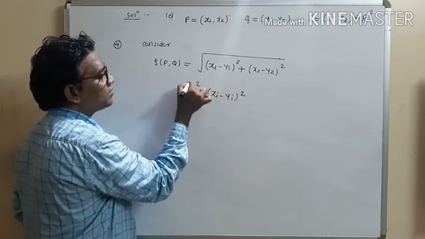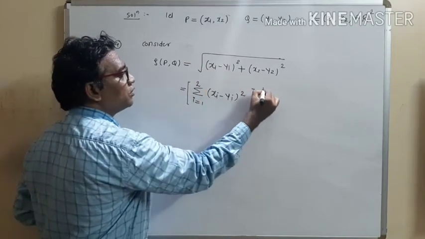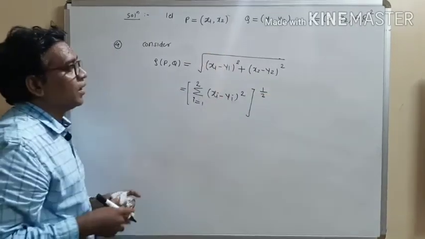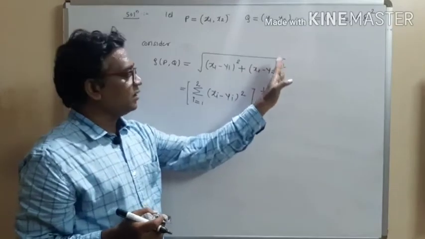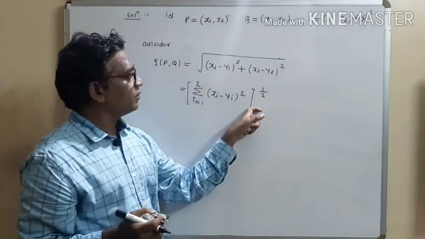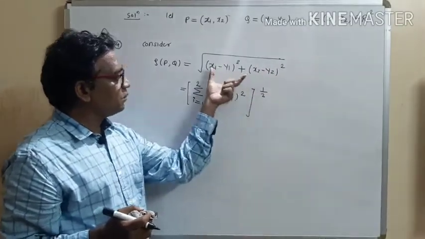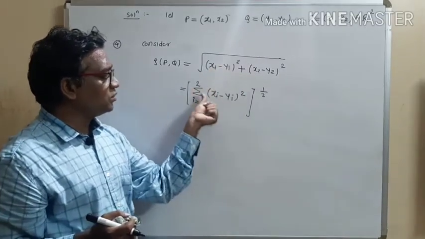Square root means bracket raised to 1 half. Radical means bracket raised to 1 half. We can put this equation into summation form.